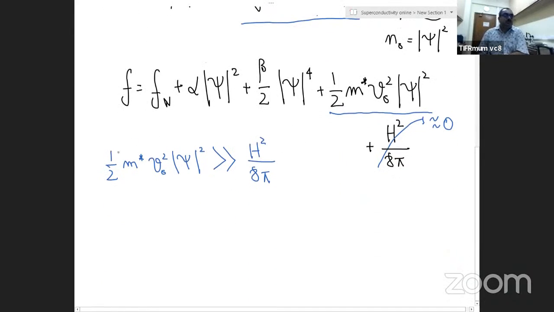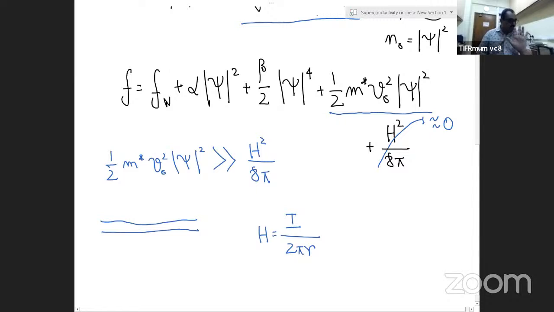Okay, so first let us show that I can neglect this last term. So you know that if I have, let's say, a wire like this, then the magnetic field that is produced for a current I is H equals to, okay, when I'm proving this, I will go to SI units.